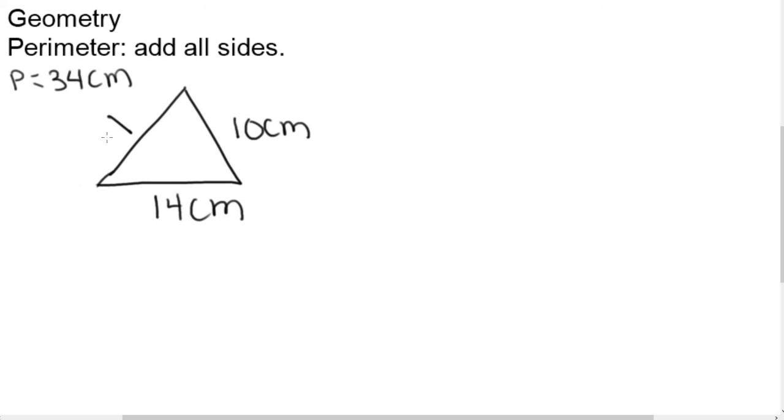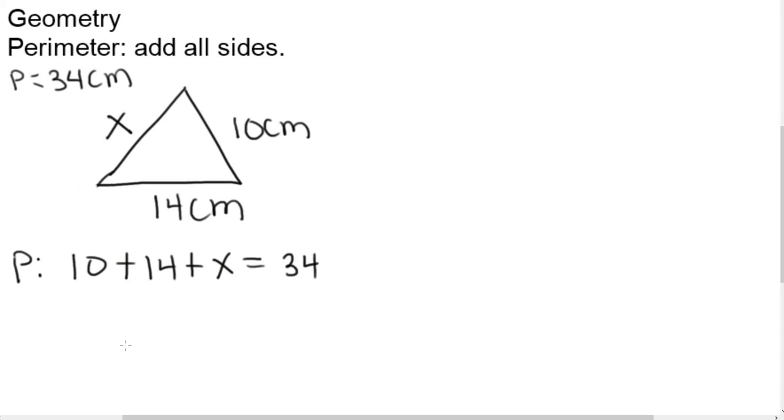I want to find this side here. I'm going to add up all sides. I'm going to say P for perimeter equals, let me just go with dot dot because I'm going to use the equals on the other side. So I have 10 plus 14, I don't know x, plus x equals 34.